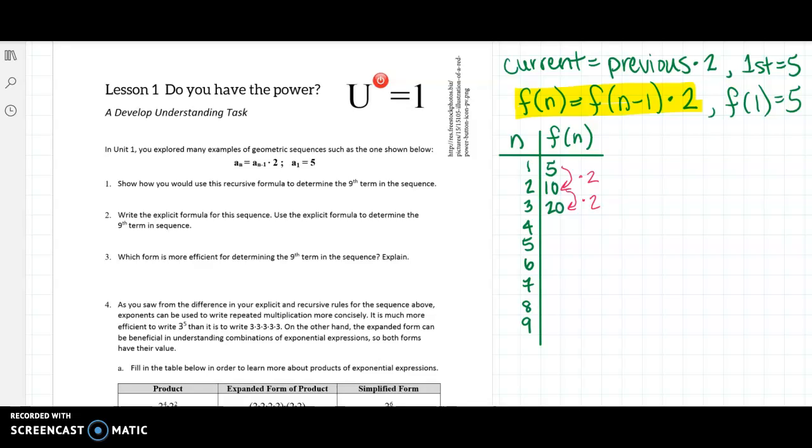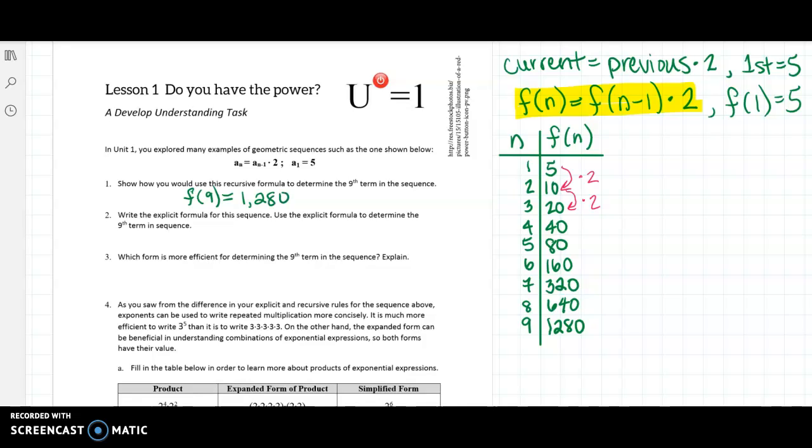We continue multiplying by 2 to complete our table: 40, 80, 160, 320, 640, and 1,280. Using our recursive sequence, we figured out that f of 9 is equal to 1,280.